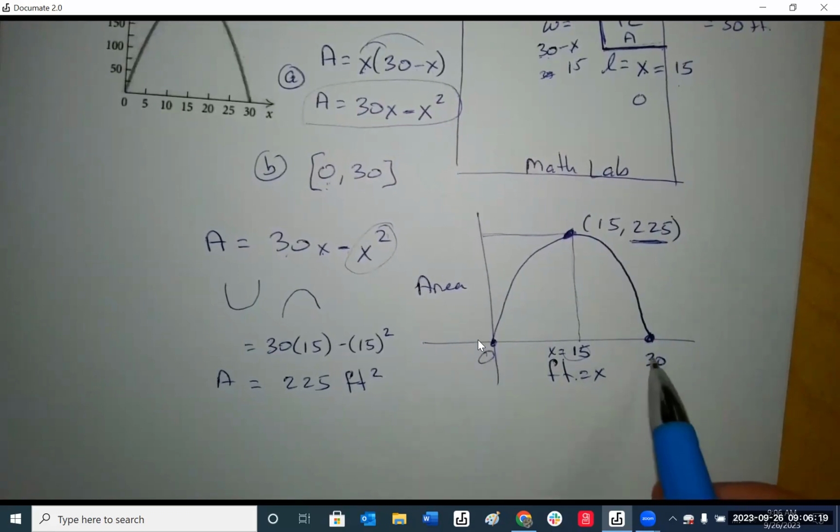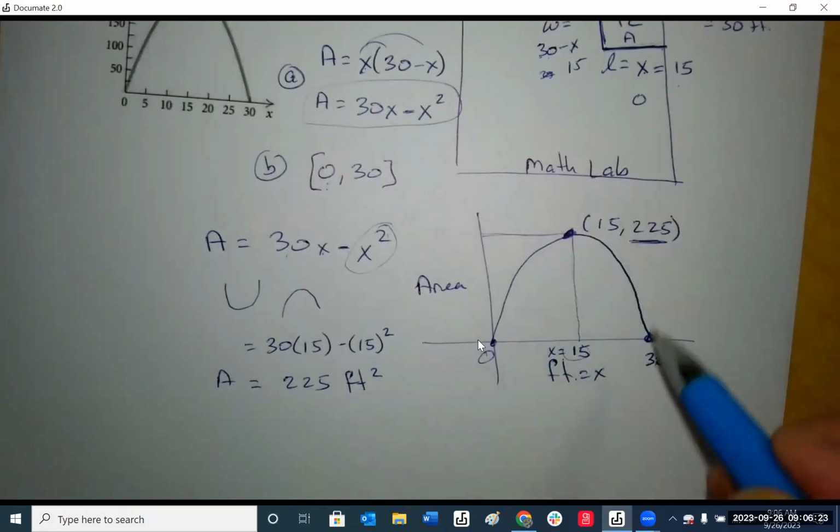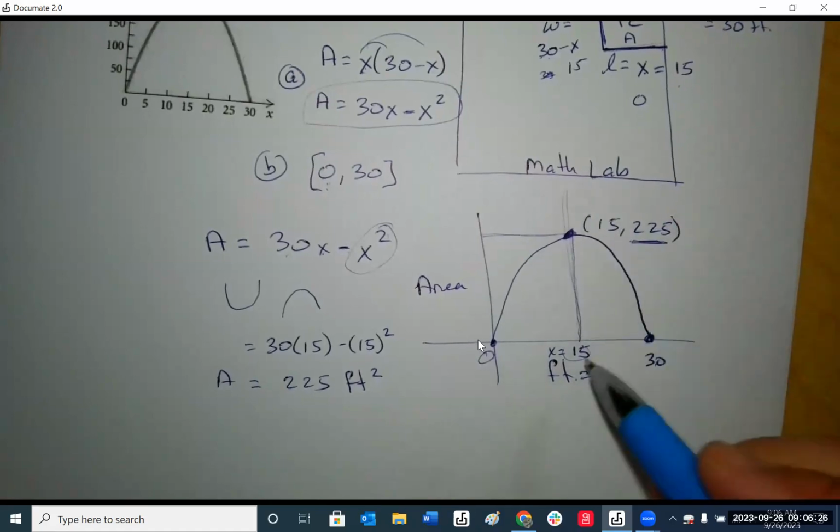Because your lowest is 0, your maximum is 30. Since this is a parabola, it's symmetric. So halfway through it, it's going to be 15.